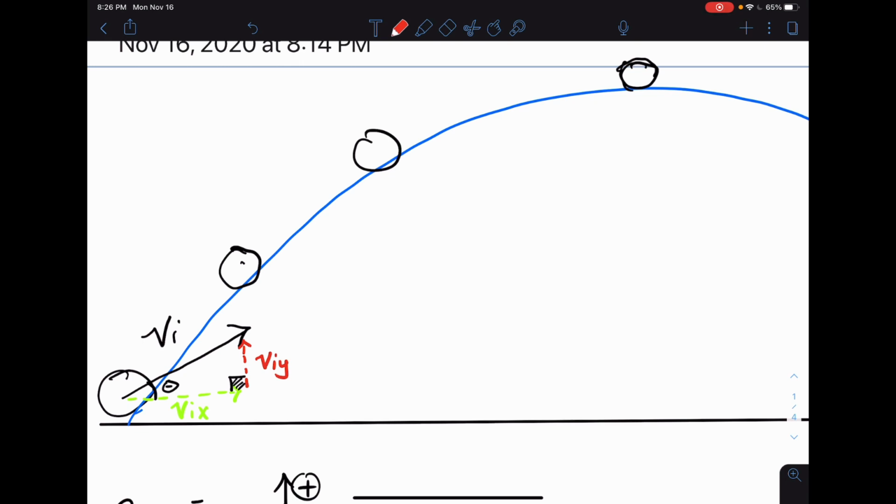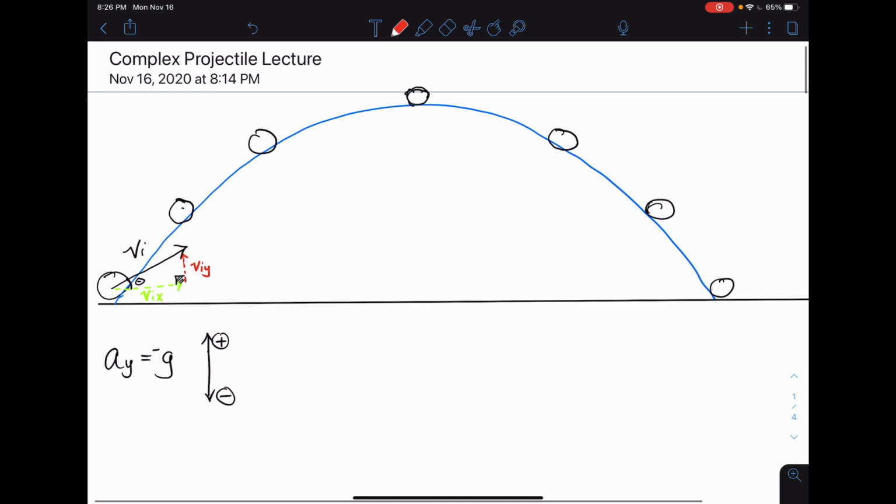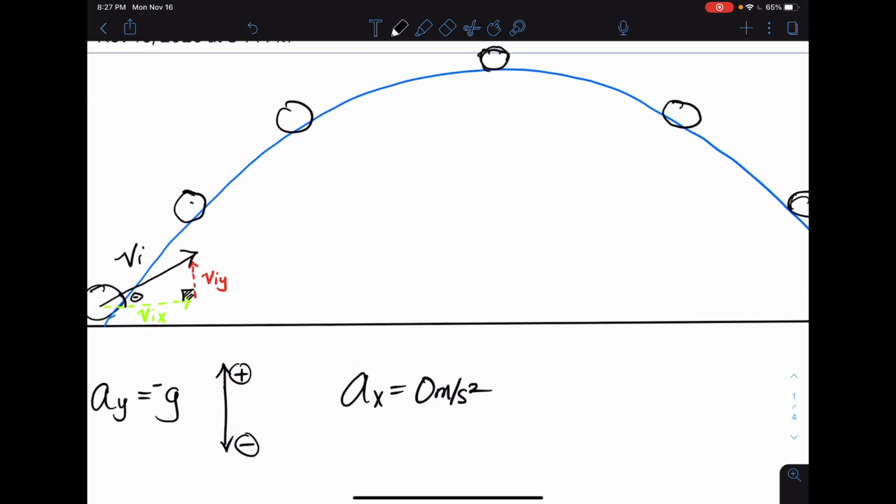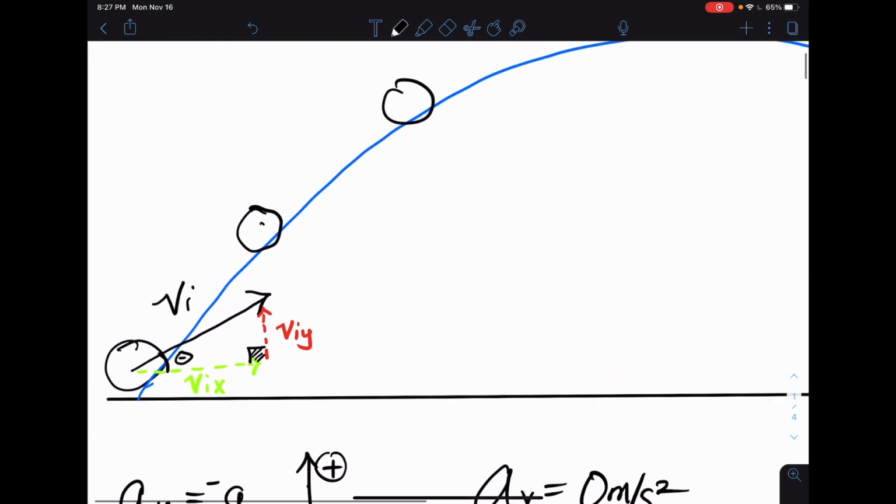But maybe before we draw that, we should talk about the x direction. The x direction has no acceleration. We said this before, that AX is equal to 0, because there's no force right or left. So what this means is that VIX, if there's no acceleration, will not change the entire time.